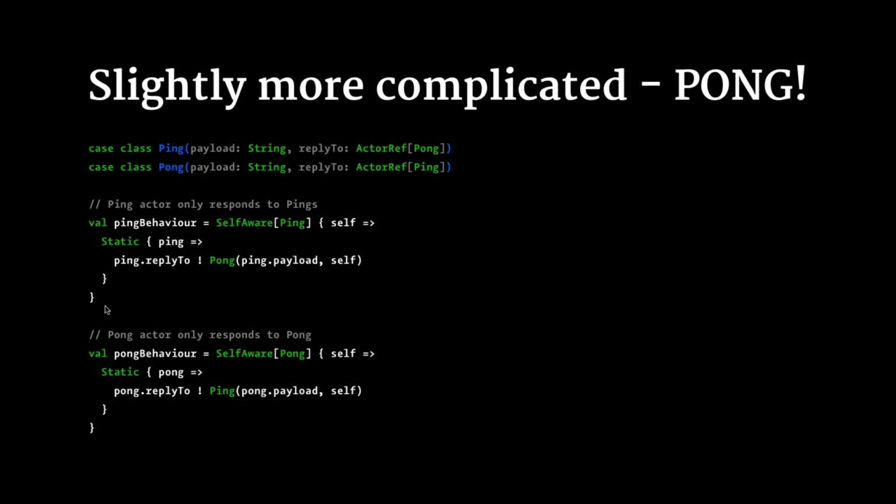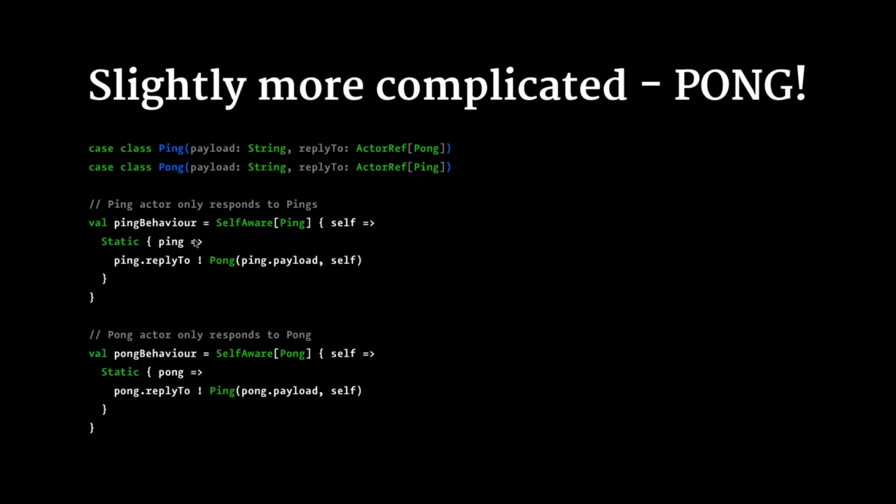Our two behaviors are very simple, except we now need the self in order to send that actor ref in the message that we send to the other actor. So now we're using that self-aware decorator to say, well, I need access to the actor ref that points to me. So this is an example of how we're combining a static behavior constructor with a behavior decorator, self-aware.